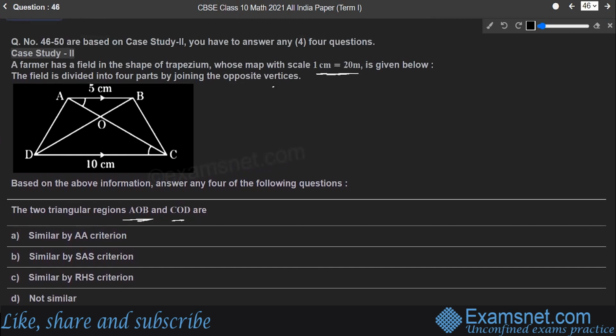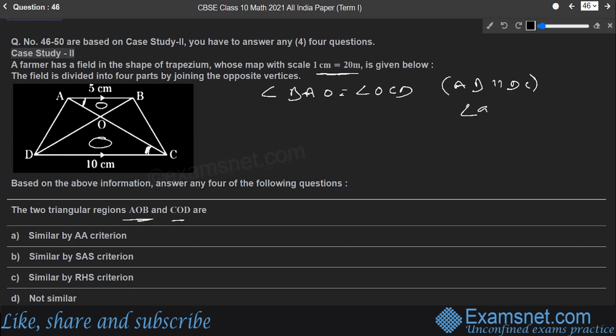If you see triangle AOB and triangle COD, then you can find out that angle BAO is equal to angle OCD. Why so? Because in a trapezium, these two lines are parallel. Lines AB is parallel to DC, and these are alternate angles.